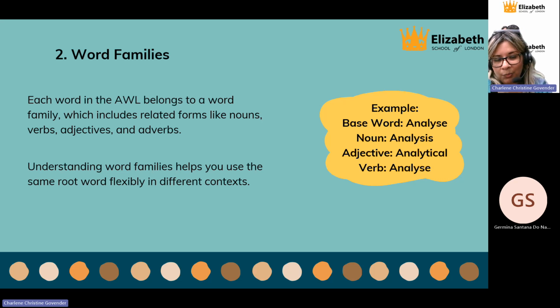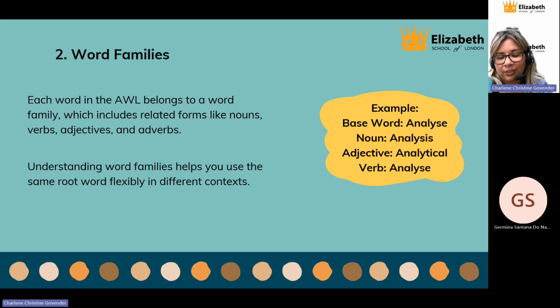Now, understanding some of the word families will help you use the same root word flexibly in different contexts. So if you understand the root word by itself, okay, and our base word or root word here is analyze. So if you are able to understand analyze, when you see the noun analysis, it helps you to understand what that word could mean, because analyze means to look at something critically or look at something carefully.